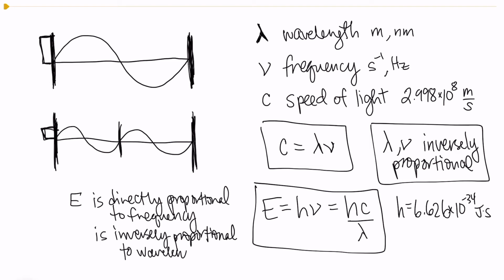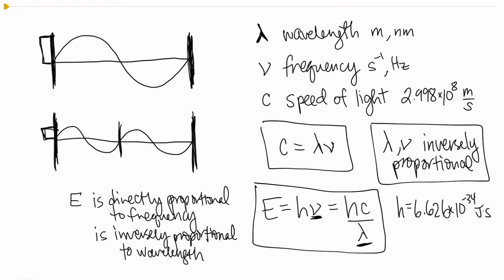In other words, if I have a long wavelength, that's a large value for the wavelength, because it's in the denominator over here, that means my energy is going to be small. But in contrast, if I have a high frequency, because it's up here, my frequency increases, my energy is going to increase as well. Okay, so those are my two equations and two big concepts.